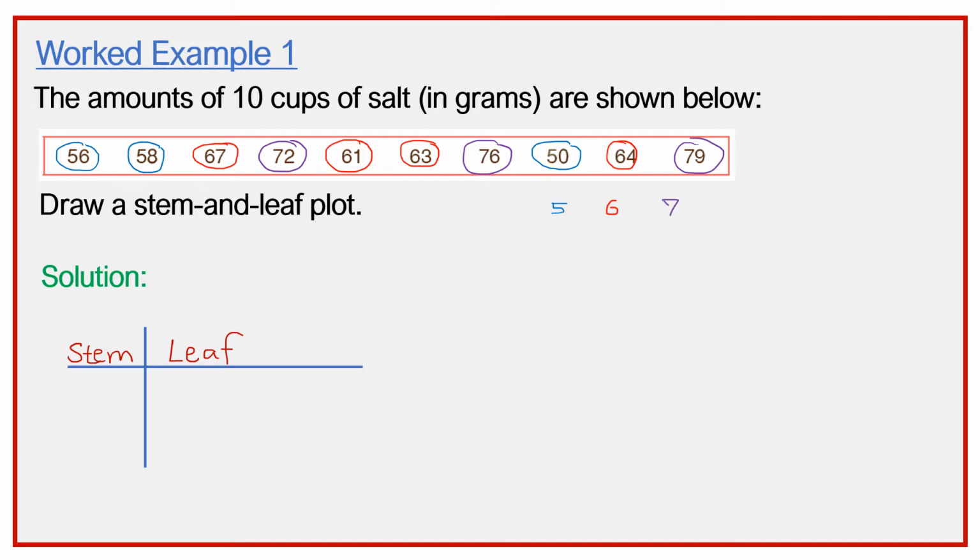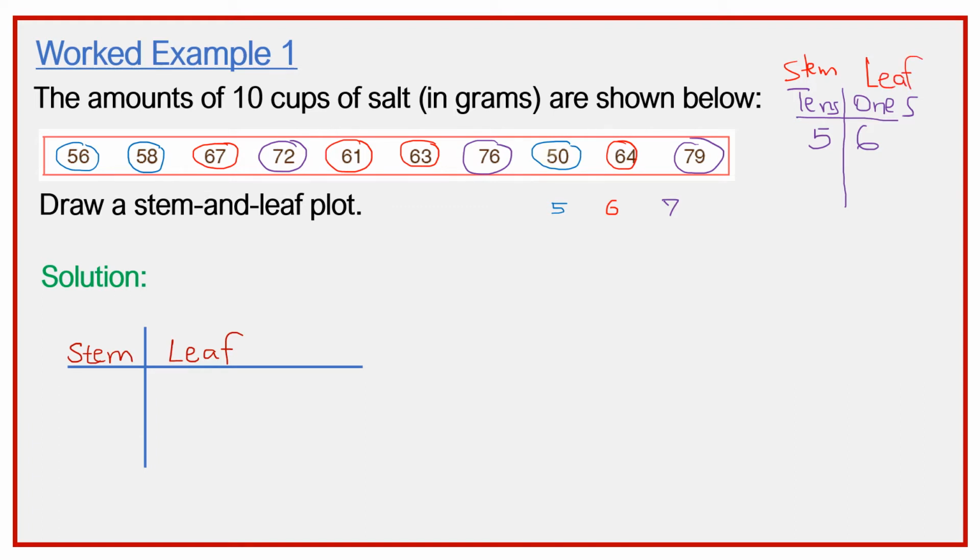Now, if I have a number like 56, I divide it into 2. If this is 1s and this is 10s, then it means that 10s will be stem and 1s will be leaf. Okay?